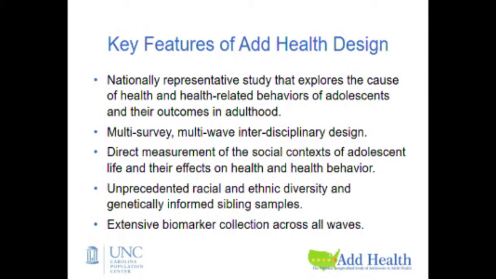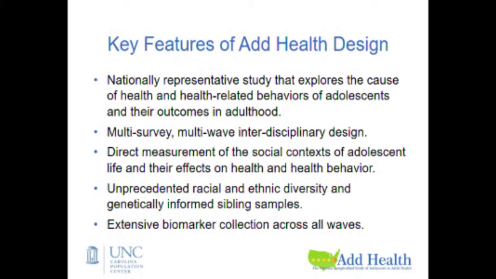Some of the key features of this design: it's a nationally representative study, interested in exploring the causes of health and health behavior, and then their outcomes in adulthood. It was a multi-survey, multi-wave, interdisciplinary design.